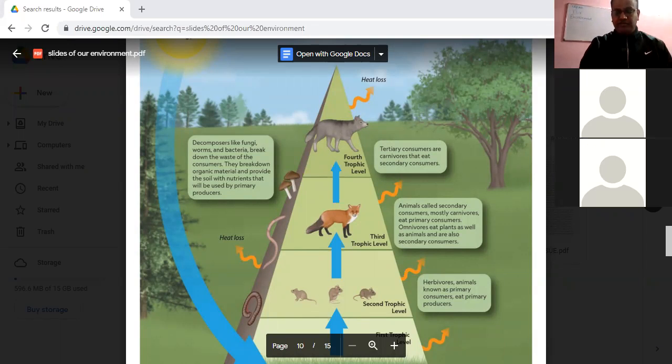Correct. Now, the energy flow is unidirectional, and definitely the energy is flowing following the 10% law of flow of energy in an ecosystem.